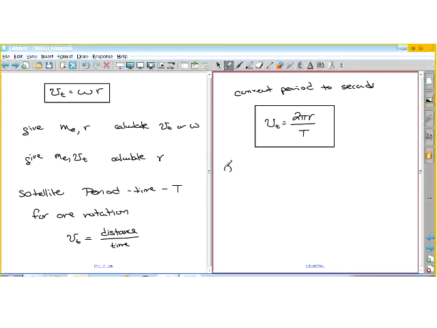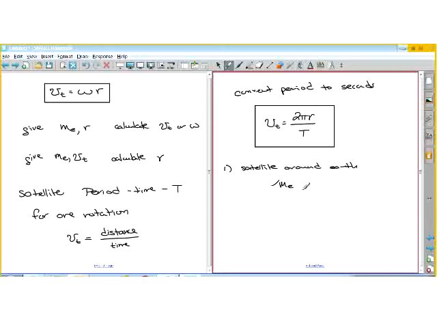For example, I could give you, say, I have a satellite. I'm just going to give an example here. Let's say a satellite around Earth. So that means I'd have to give you the mass of the Earth because I don't let you have the book.